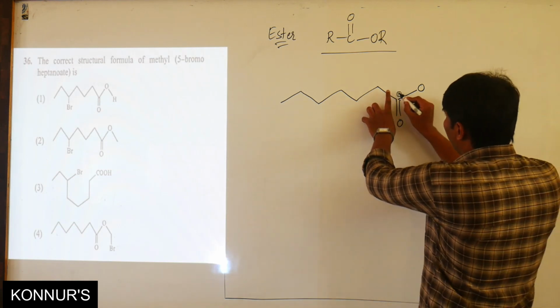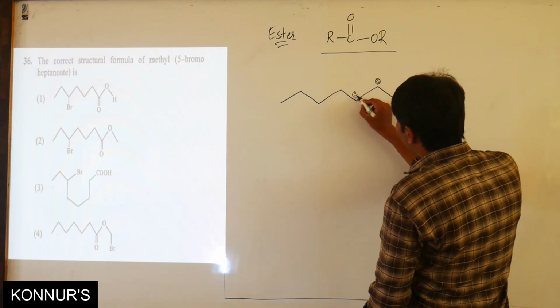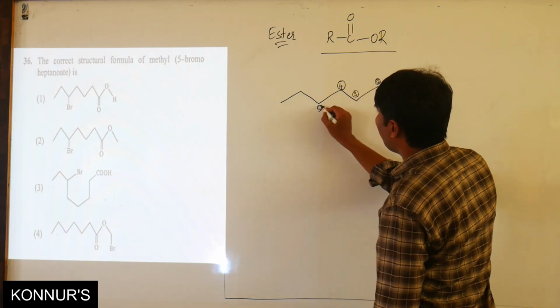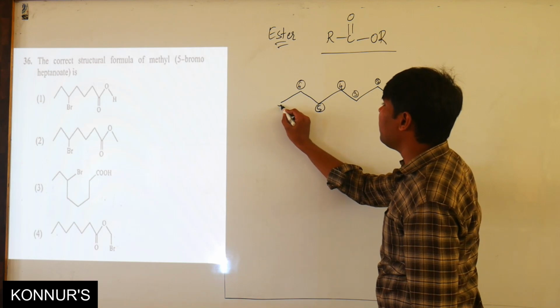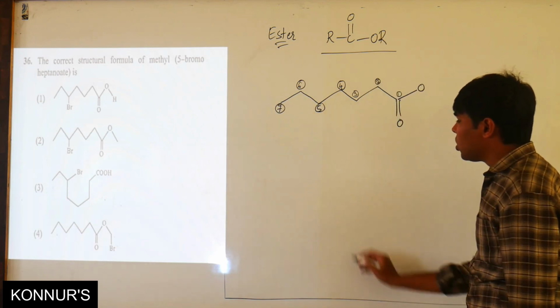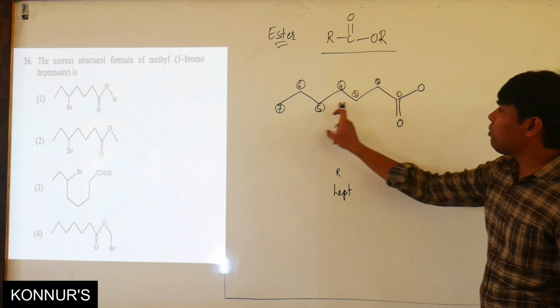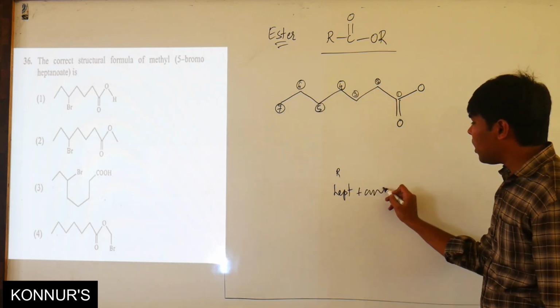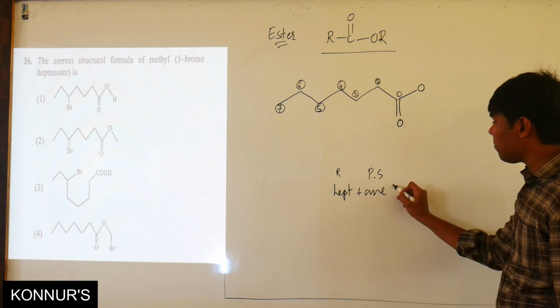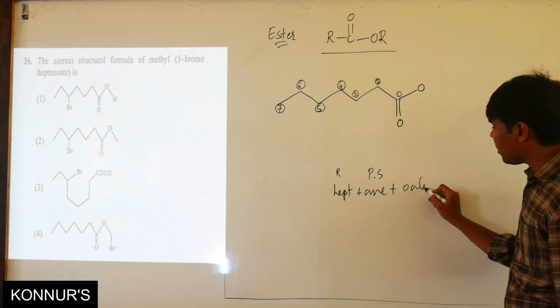So this is the first carbon, second, third, fourth, fifth, sixth, and this is the seventh carbon. So the root word is hept. Since carbon to carbon single bonds are there, the primary suffix is ane, and it's an oate.